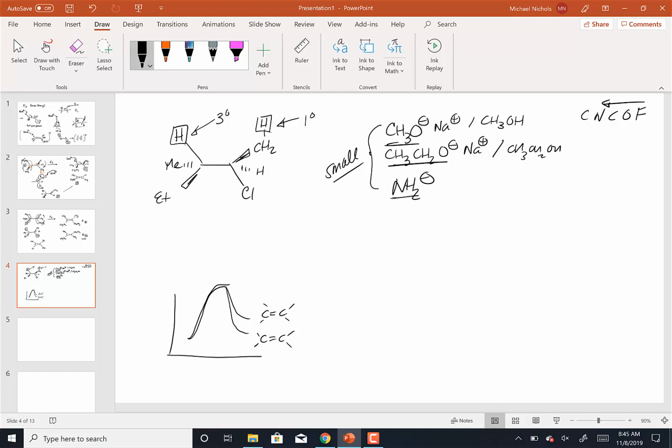So if the small base can get to the primary and tertiary equally well, the major product is going to be the product that is most stable, which means it's the alkene product that is most substituted. Okay? So if you use these bases, the most substituted alkene is going to be the major product.